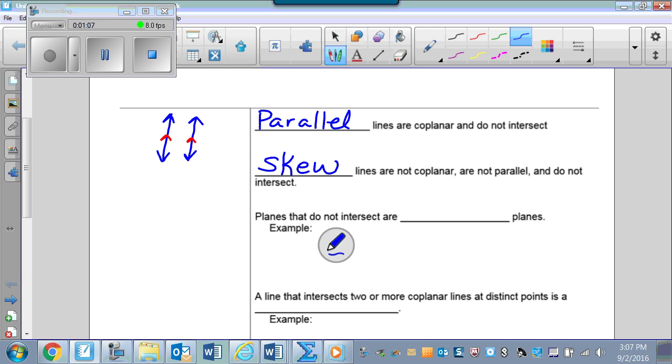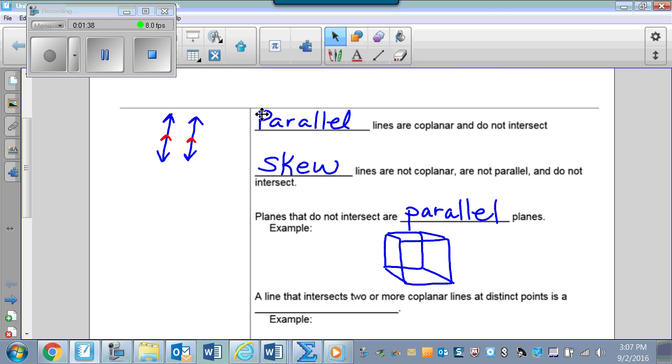What about planes? Planes that do not intersect are parallel planes. And let's think about that like this. Suppose we've got a box, and of course these aren't really planes because planes go on infinitely in two directions, but if each of these surfaces of this box was a plane, then the parallel planes would be this top plane and the bottom plane, and of course the sides across from each other.